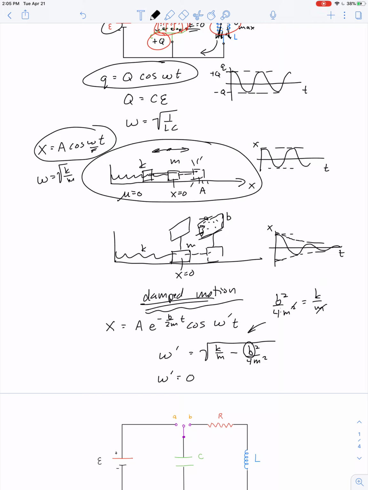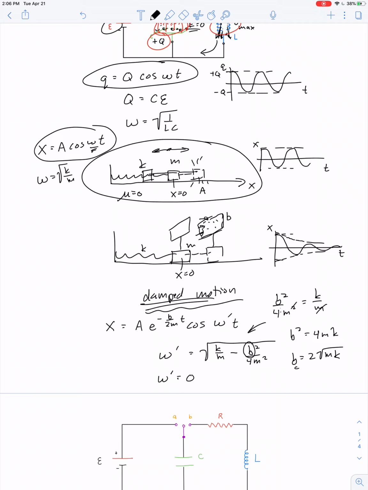We can cancel out one of those m's. We can say b squared would have to equal 4mk, or the critical drag coefficient for critical damping would be 2 times the square root of mk.